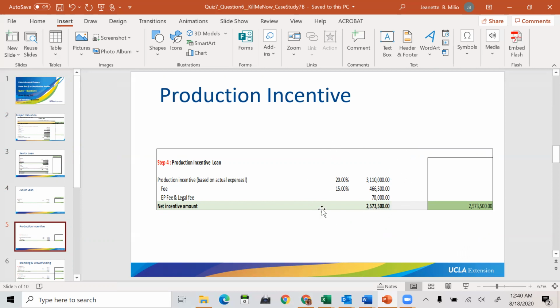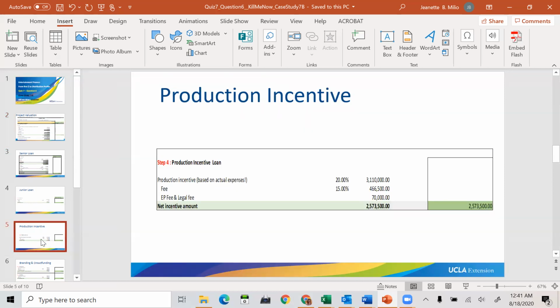This amount is higher because you have a larger budget. Now, the incentive amount is based on actual expenses, which means it's based on your strike price. It's not based on your $16 million budget. It's based on the $15 million budget. I think it's 15 million. Let me check here what the budget was.